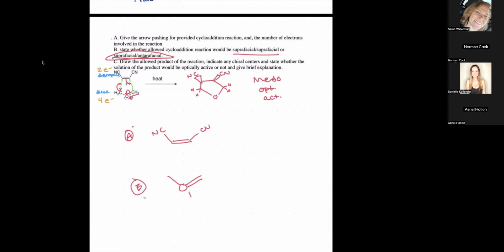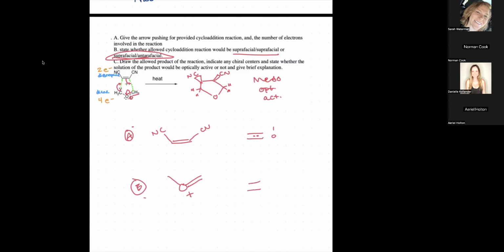Yeah, this has a plus sign. So how many pi systems are in our dienophile in A? 2. 2 pi systems. How many electrons participate? 2. How many pi systems are in our diene? In B, how many pi systems?